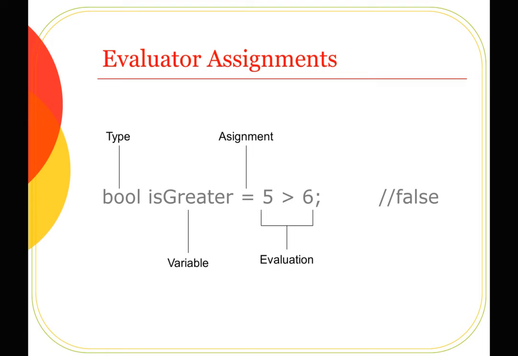The clearer you are with your variable names, the more explicit you are, the easier it is to understand your code. You need an assignment operator. Remember what I said earlier? One equal sign is an assignment operator. Then you need your evaluation. 5 is greater than 6. That would be false. So when this runs in the code, isGreaterThan would equal false.